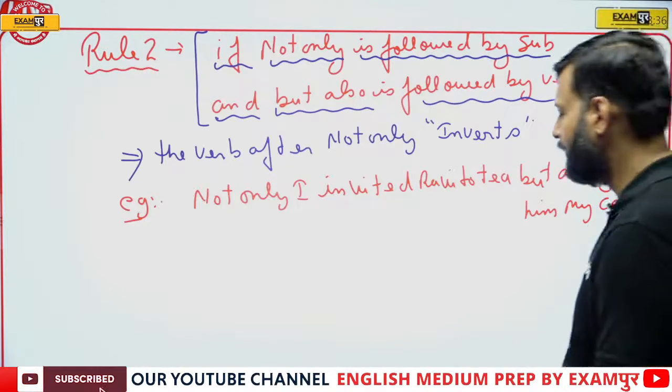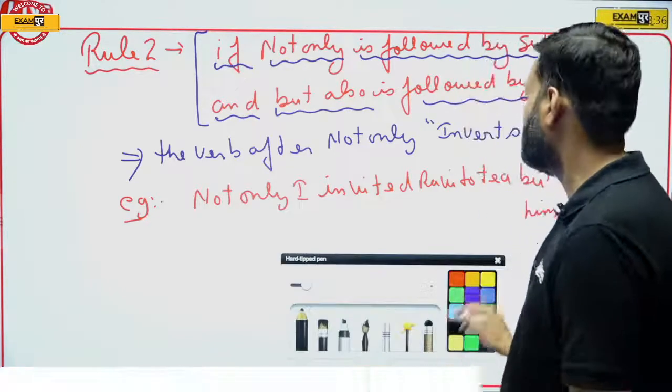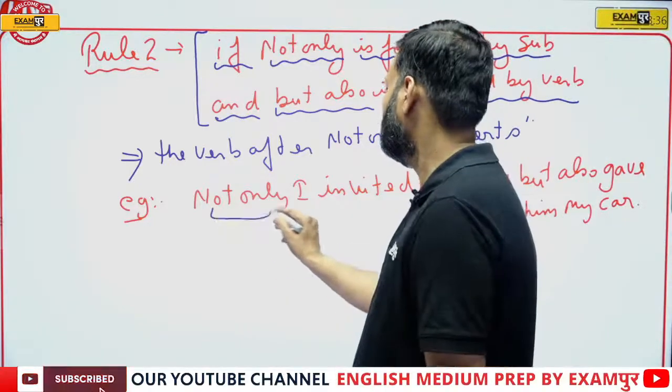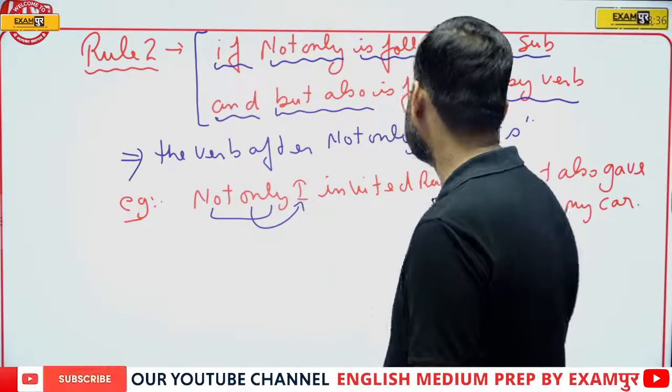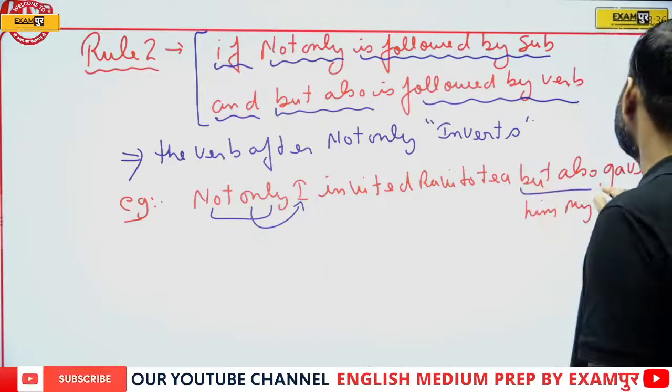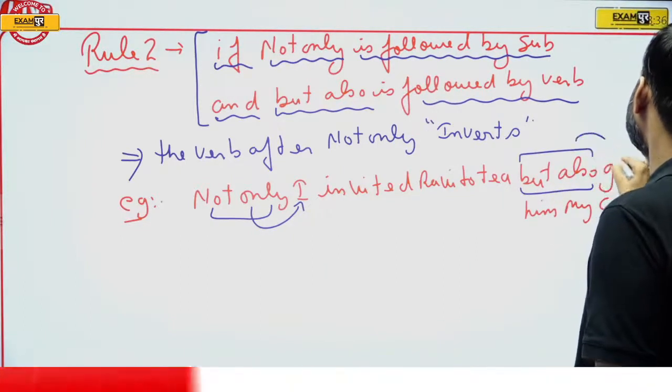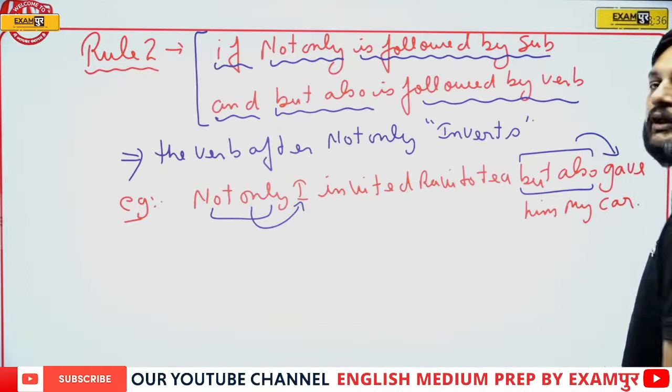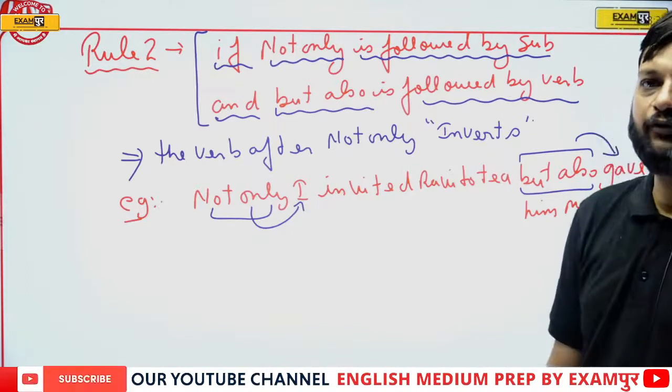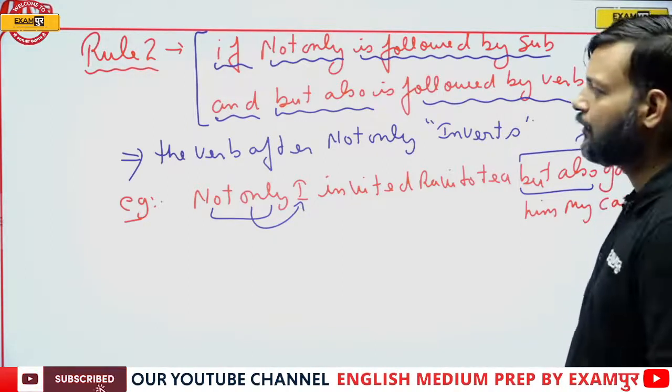Okay, now in this sentence, as you can see, not only is followed by a subject and but also is followed by a verb. So what is the rule?